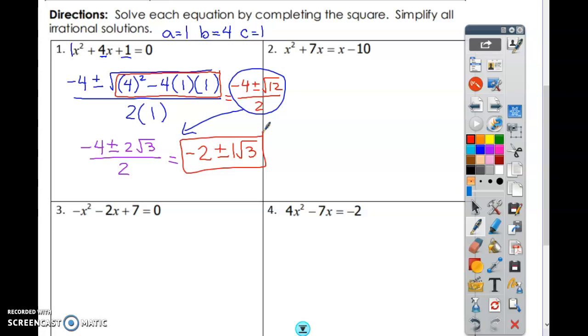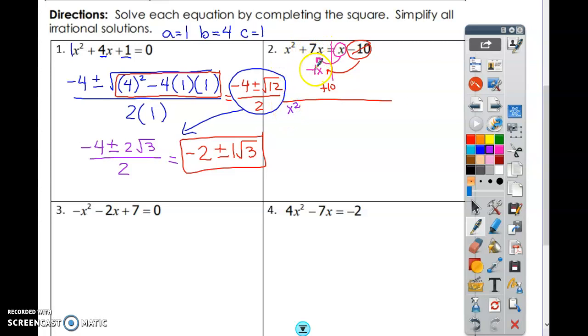Let's do this one. Okay, this needs to be moved over here. That's going to become minus 1x. And then this needs to also move over here. That's going to become plus 10. So the x squared comes down.